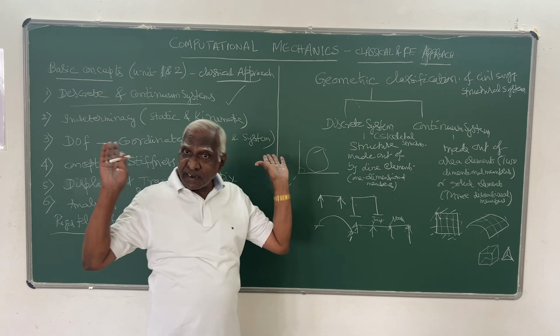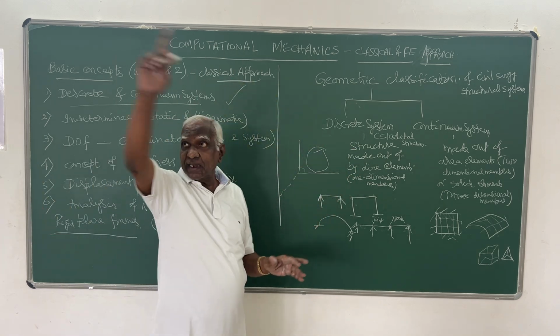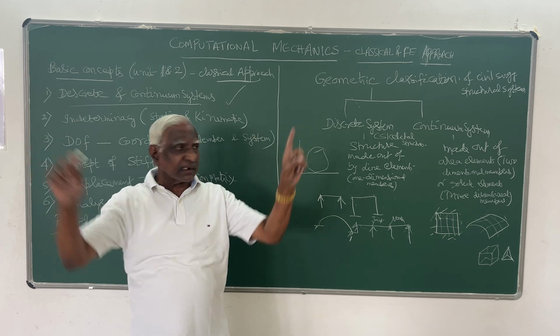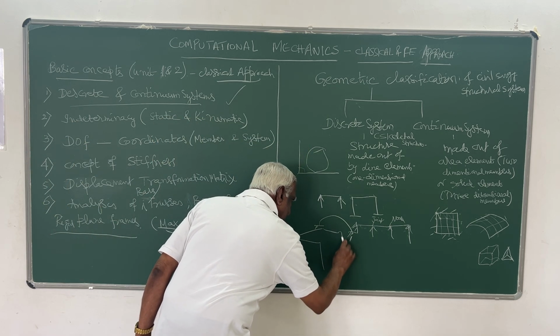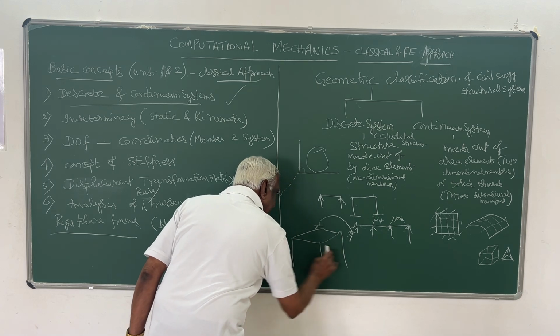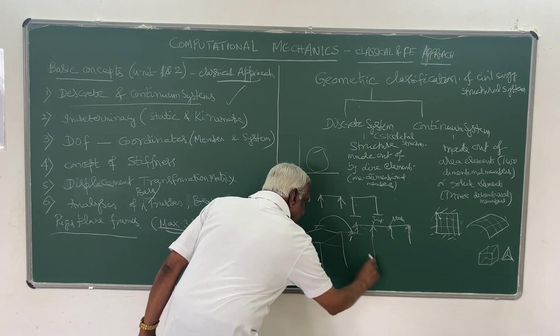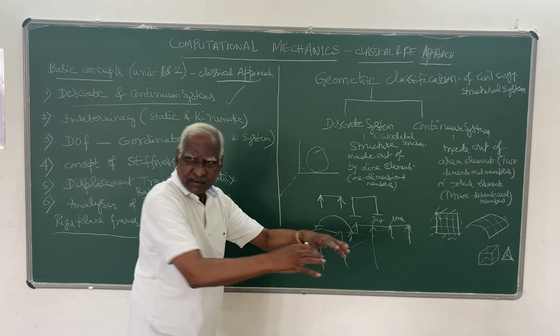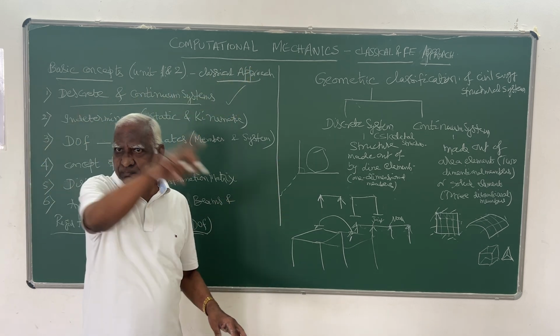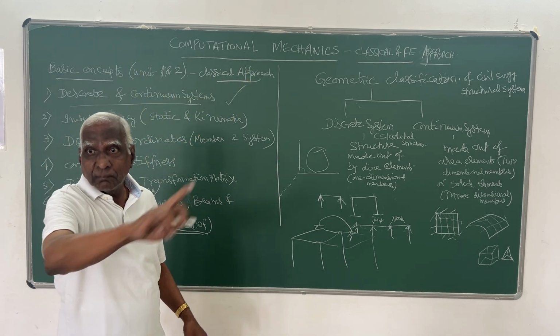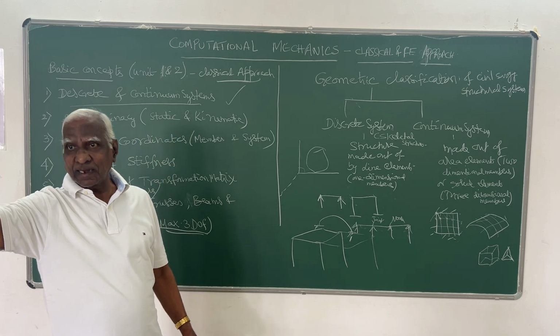If the elements lie in different planes, suppose you take an entire framed structure with a number of beams, number of columns, interconnected frame structure, beam, column, another beam, column, again interconnected by beams.